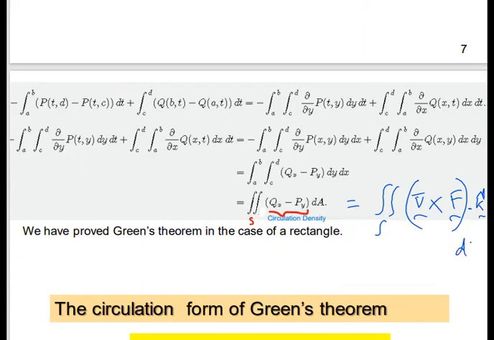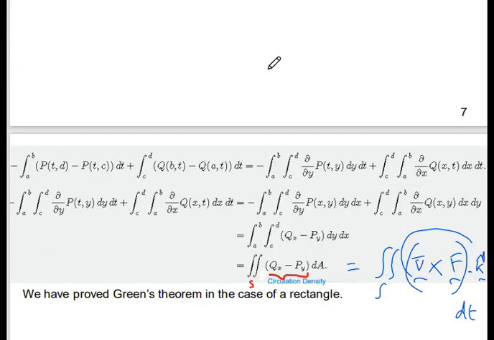The other two components become zero, because the field F is a two-dimensional one.